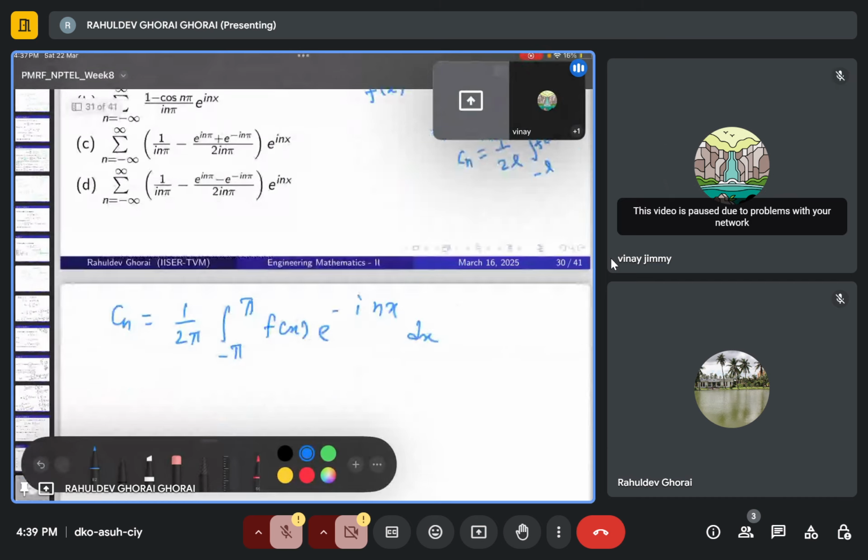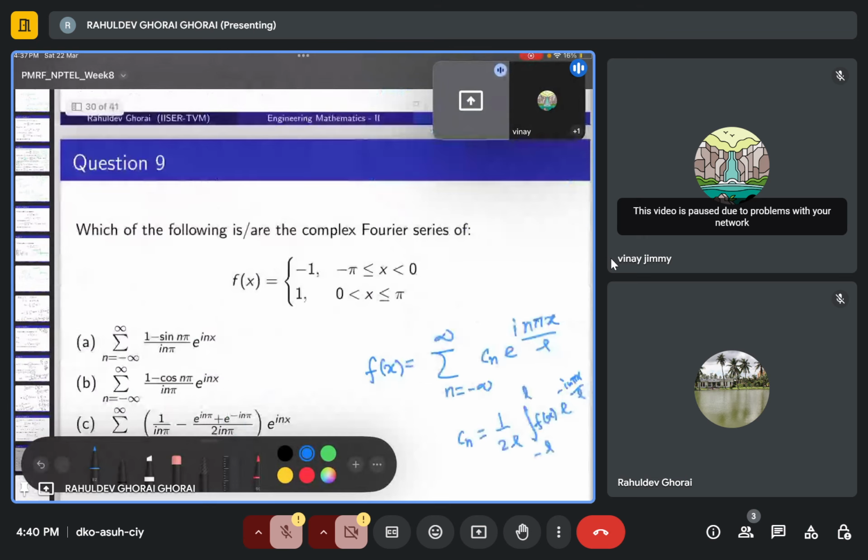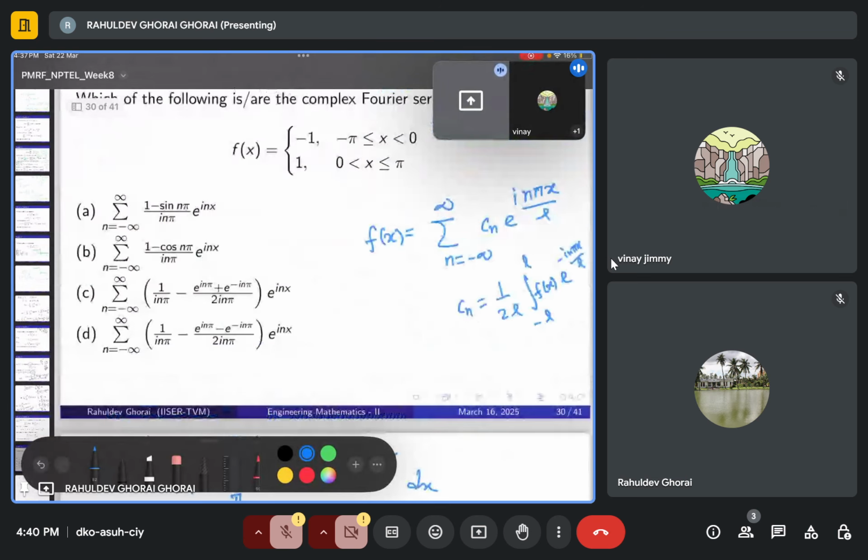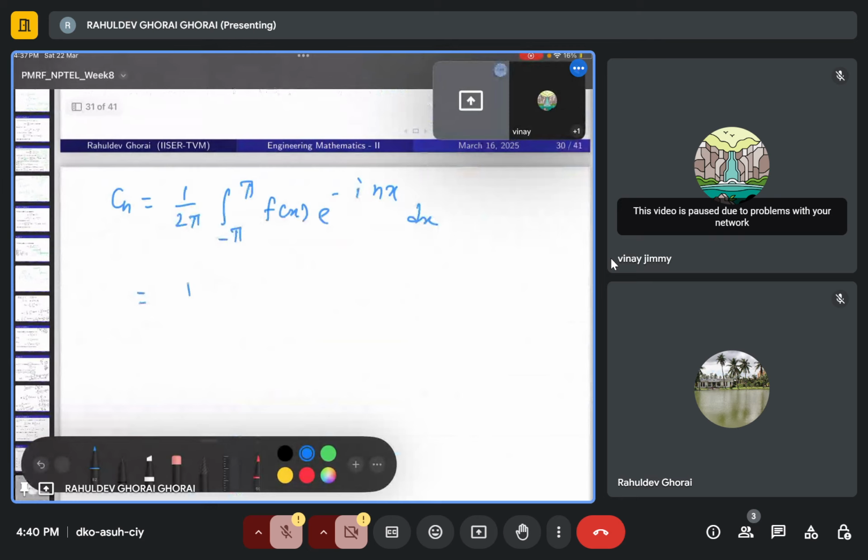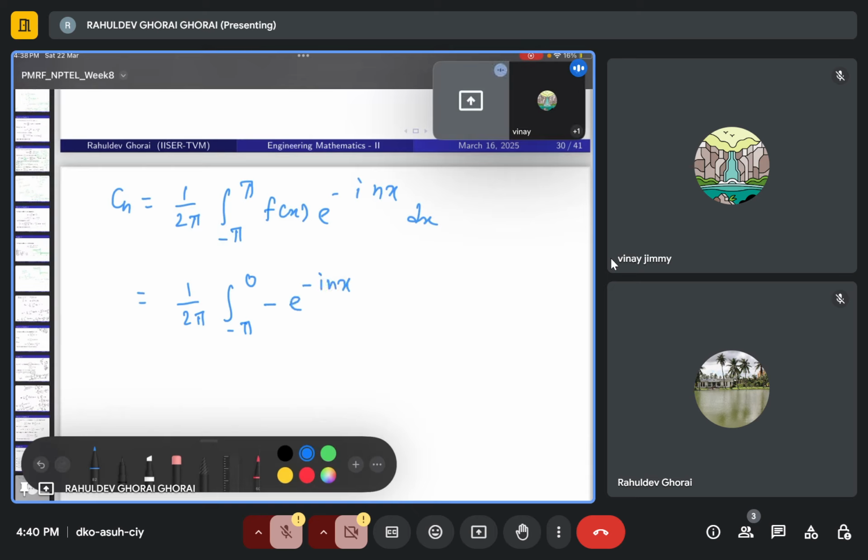So once you use this, what is the value of f(x)? f(x) is minus 1 or 1 depending on minus pi to 0 or not, right? 1 by 2 pi, minus pi to 0, negative of 1, so it will be minus e to the power minus i n x dx, plus 1 by 2 pi, 0 to pi, it is positive 1, so e to the power minus i n x dx.